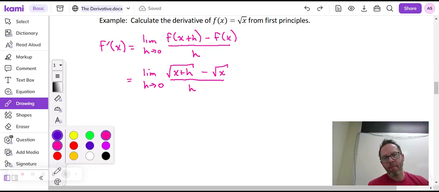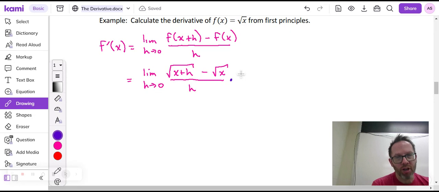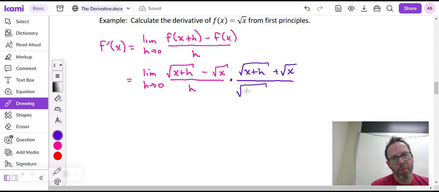So let's multiply by the conjugate of what's on top, root of x plus h plus root x, over the root of x plus h plus root x.